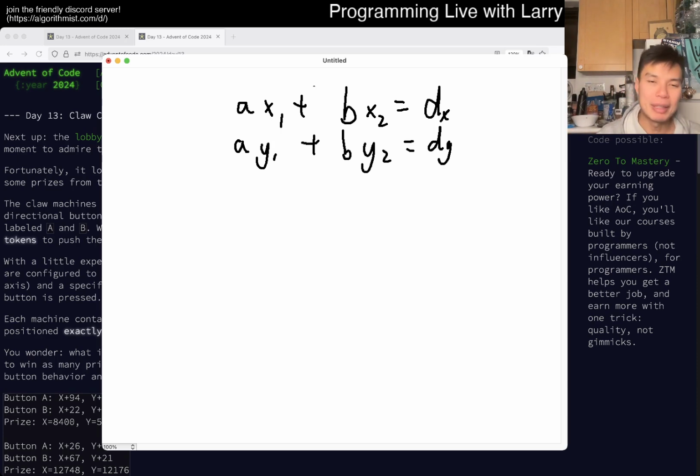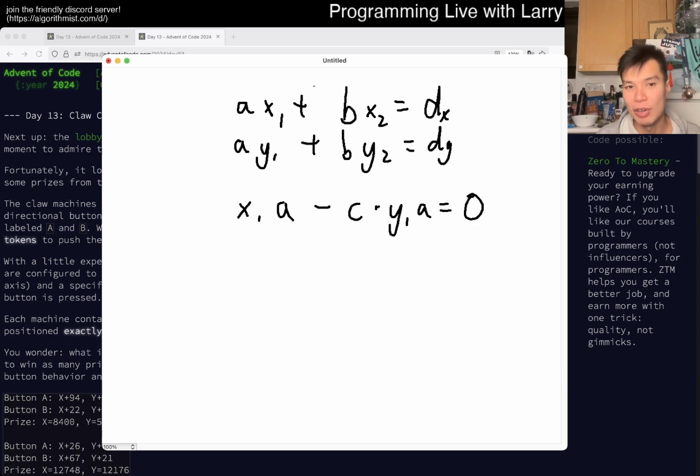Here, maybe you could do some math with x sub 1. I actually wrote this in a weird way, I admit, because x sub 1 is the constant and A is the variable, and I kind of reversed the order. So here we have A times x sub 1. We want to subtract some constant times y sub 1 of A so that you get 0.